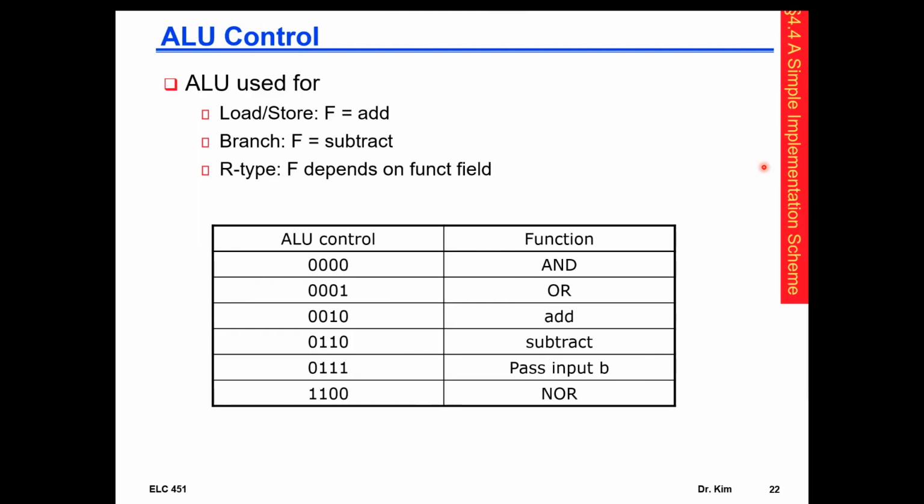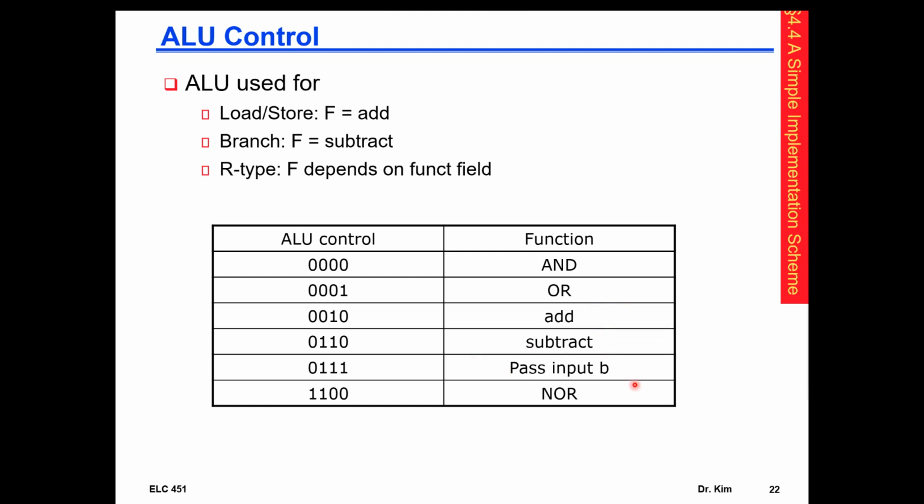So the first thing that we discuss is that we want to control the ALU. We want to generate a control for the ALU, and we know that given the instructions that we want to be able to execute, the ALU has to be able to do ANDing, ORing, addition, subtraction.